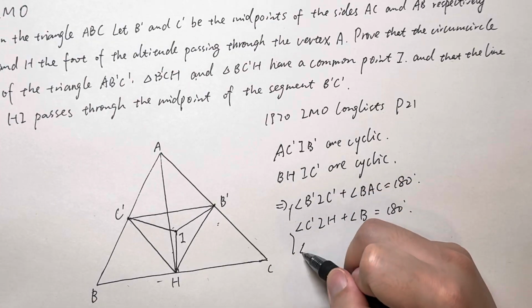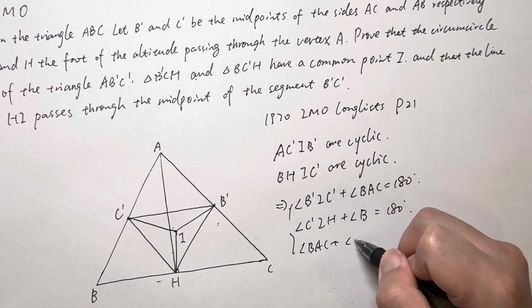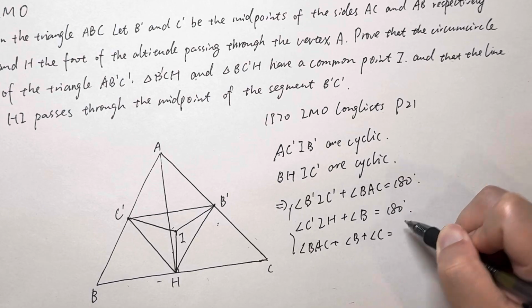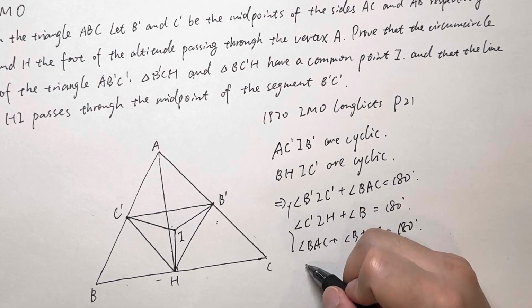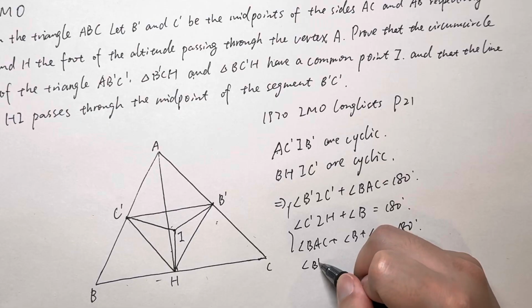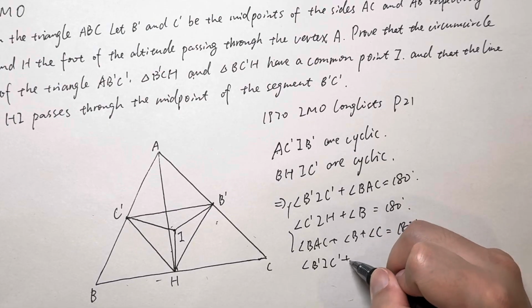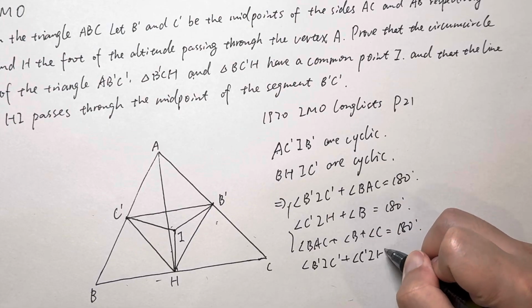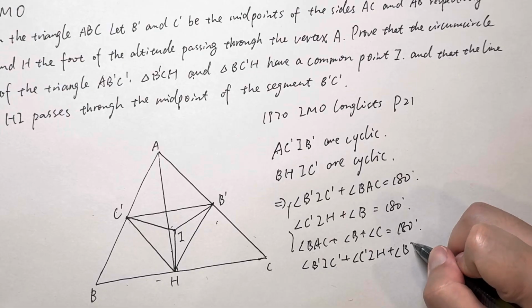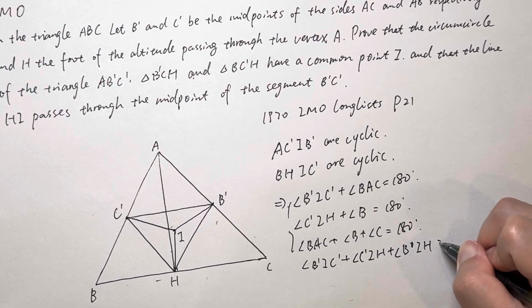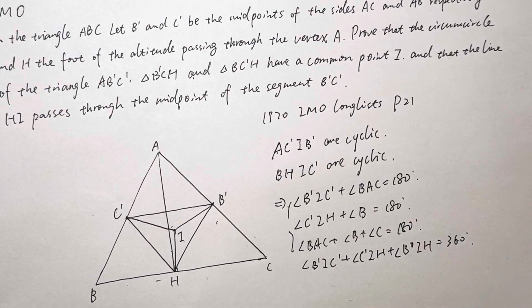And we also know that angle BAC plus angle B plus angle C equals 180 degrees, and angle B'IC' plus angle C'IH plus angle B'IH equals 360.